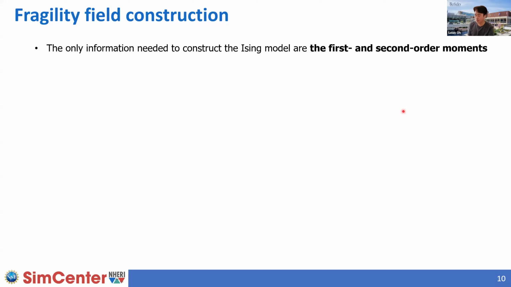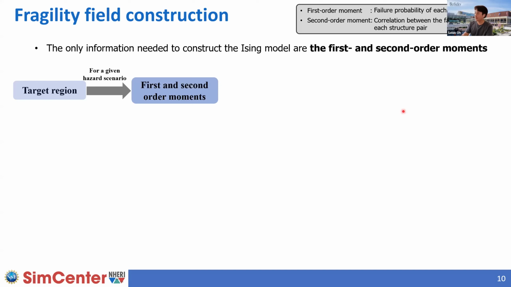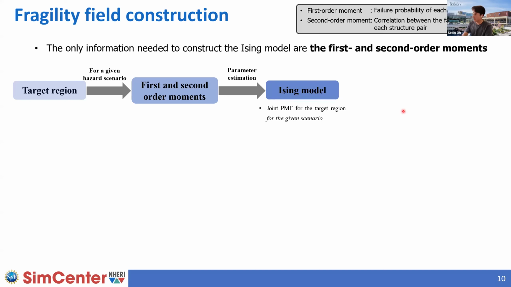In the context of regional seismic analysis, you can understand the first order moment as the failure probability of each structure, and the second order moment as the correlation between the failure events of each structure pair. So for the target region under a given hazard scenario, you obtain the first and second order moments.